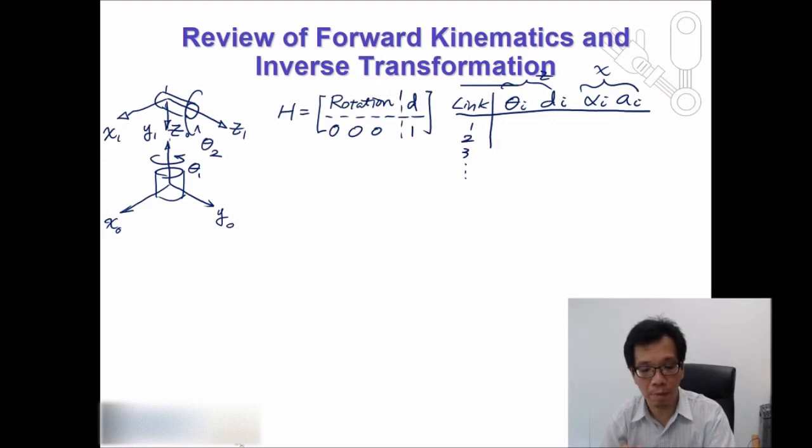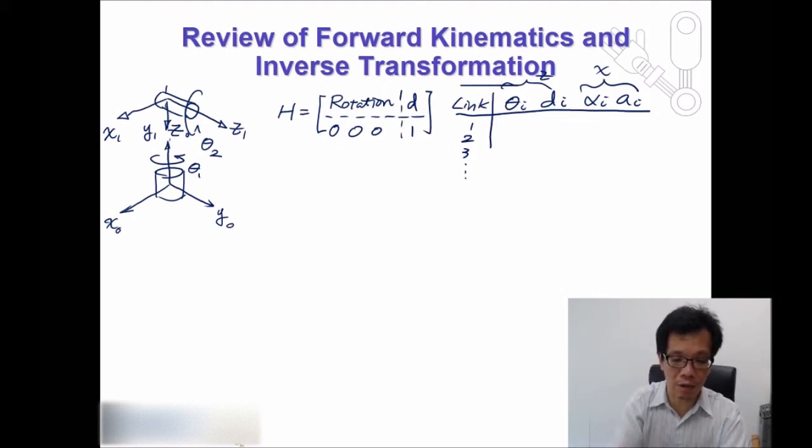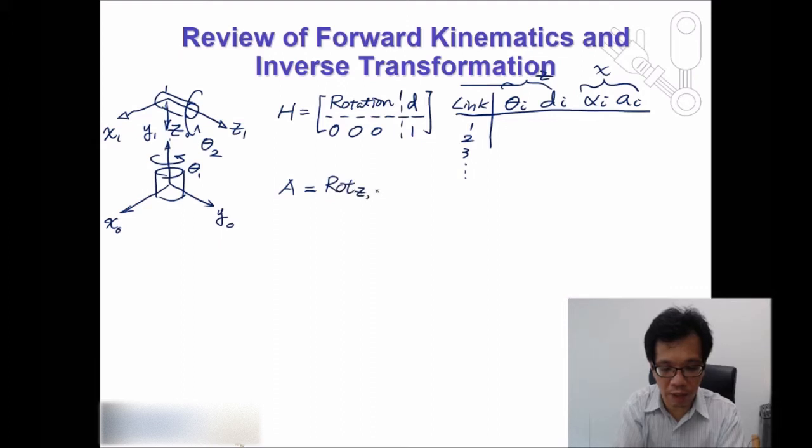So keep in mind when you are using the formula, the sequence is important. And let's repeat the formula again. The formula is going to be A equals, first we're going to have rotation about the z-axis, and we're dealing with z i.